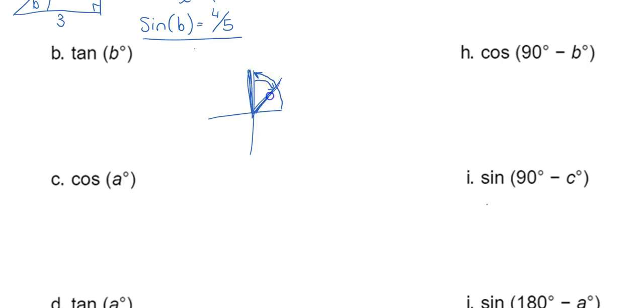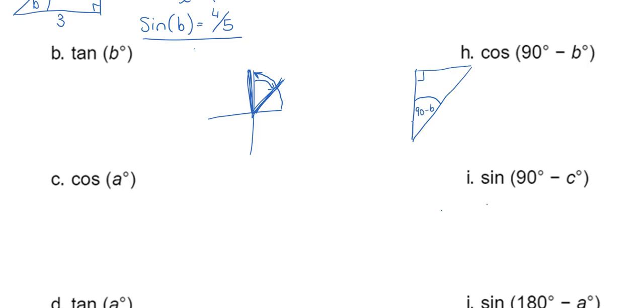So we're looking at this triangle here. Okay, we went around 90, we came back B degrees. So that angle in there is 90 take away whatever B is.